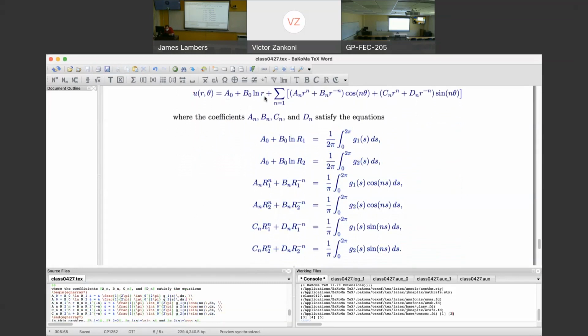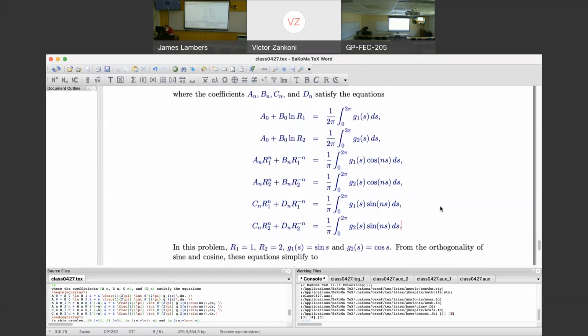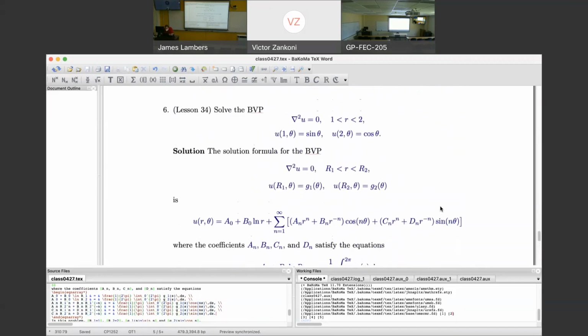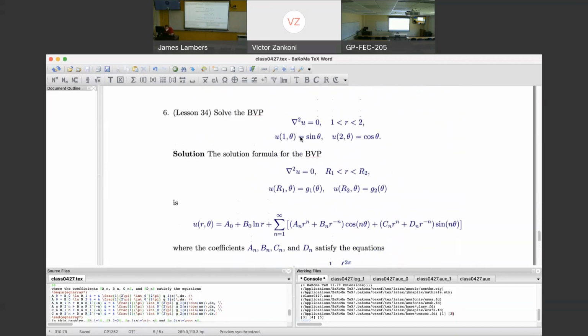Just a constant term, so in other words, n equals 0. And then these equations for all other n. So in this problem, on the inner boundary, we only care about n equal 1. The outer boundary, we only care about, again, n equal 1, cosine.